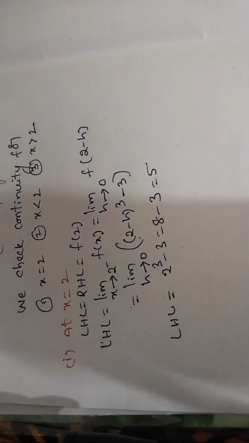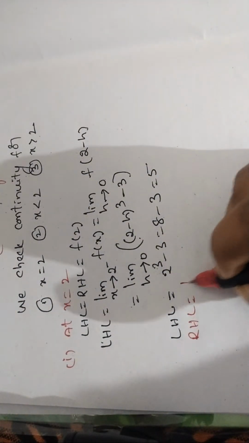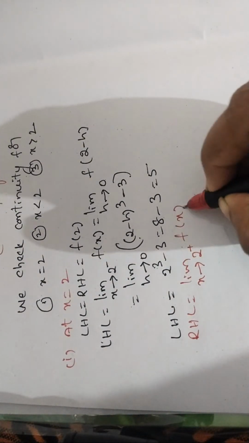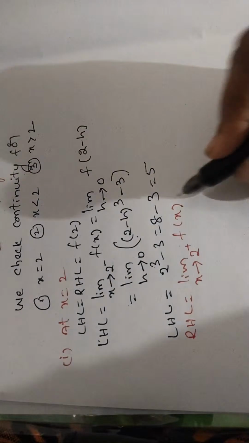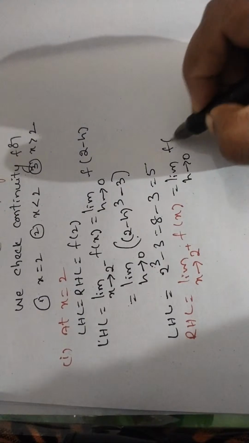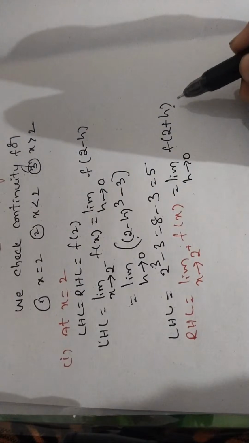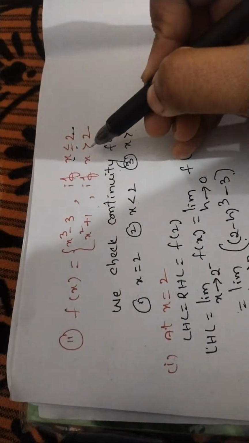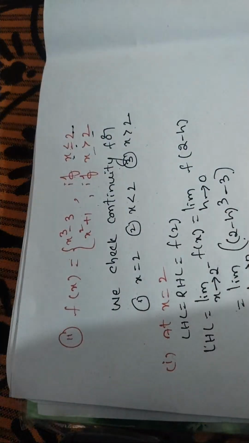Next, RHL. We need to check RHL. How can we write this RHL of 2? Limit x tends to 2 plus f of x. Now I want to start from 0. Limit h tends to 0, f of 2 plus h. This is f of 2 plus h, means more than 2. When x is more than 2, the function is x square plus 1.